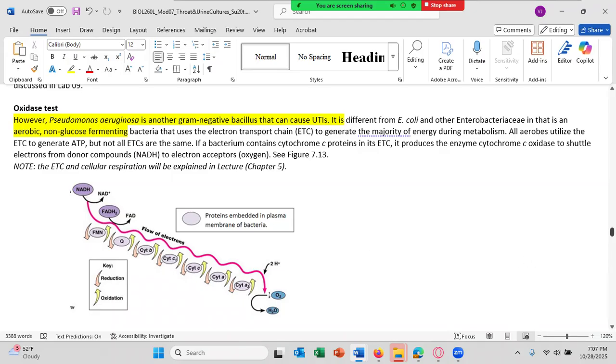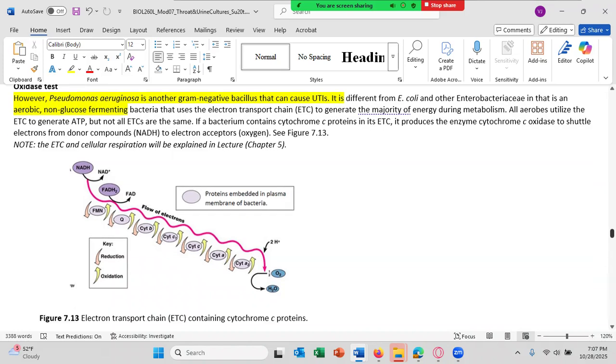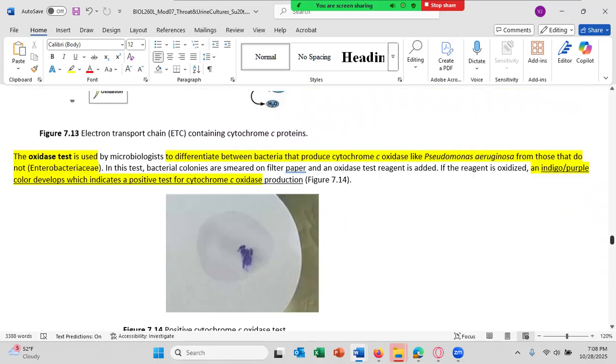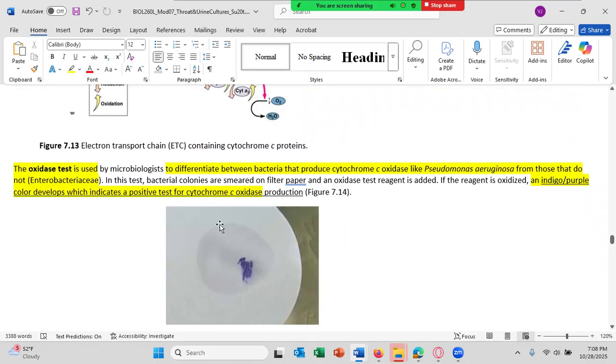And then you just put the cells together with the reagent and you look for an indigo or purple color happening within 30 seconds. And you have your test results. If it's negative, then it's negative for the oxidase test, meaning no color change. If it turns purple or indigo, it's oxidase positive.